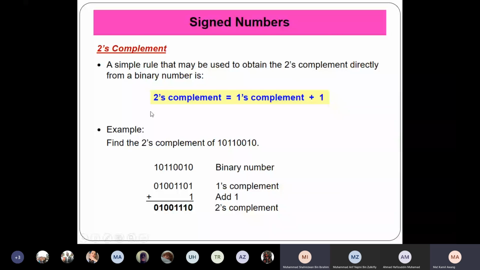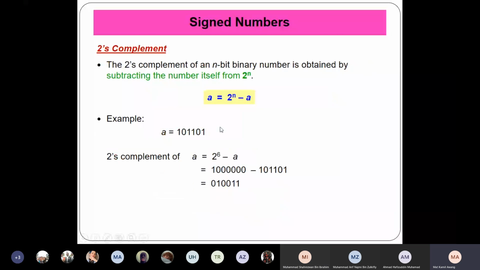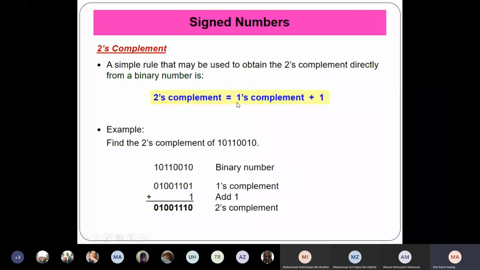It's basically the 1's complement plus 1. So this is the first, more difficult way, and this is the simpler way of doing the 2's complement. So in this example, let's say you have this binary, you take the 1's complement and you add 1. So this is the 2's complement of that number.